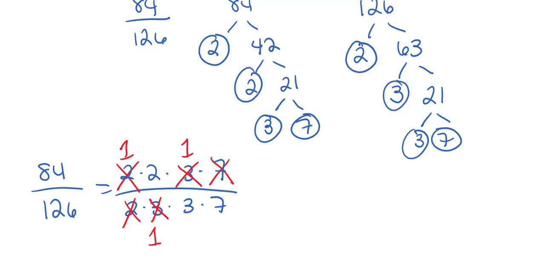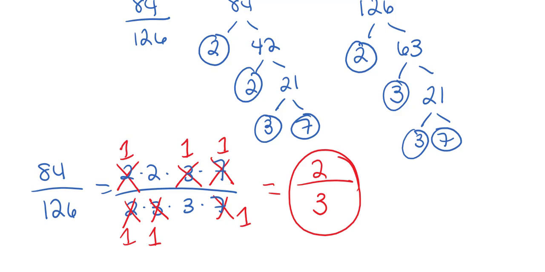And we have a 7 here and a 7 here, so that's just 1. So what are we left with? On the top, we have 1 times 2, so that's 2, times 1 times 1, so that's just 2. Now on the bottom we have 1 times 1, so that's 1, times 3 is 3, times another 1 is 3. So 2/3 is our final reduced answer.